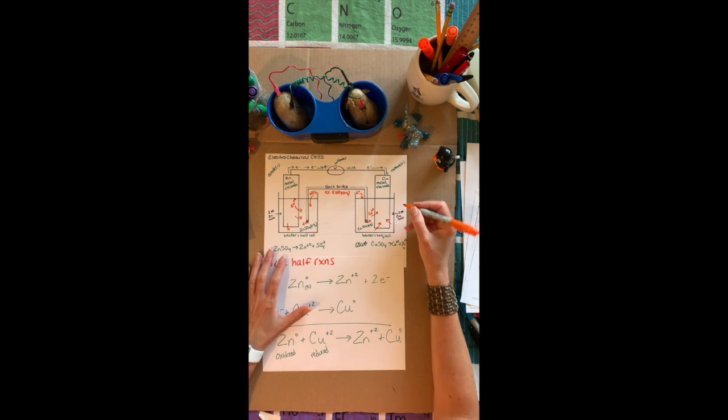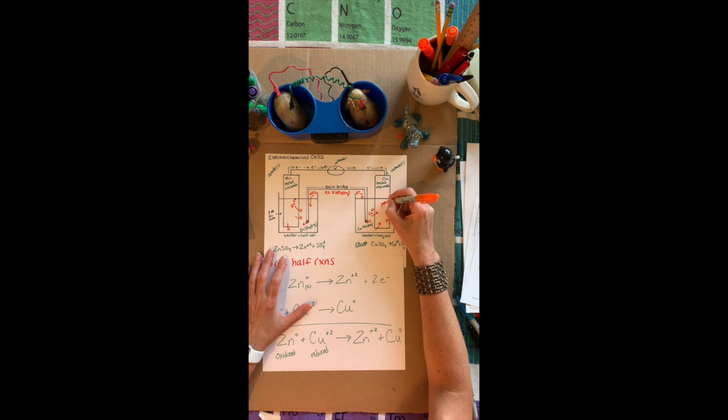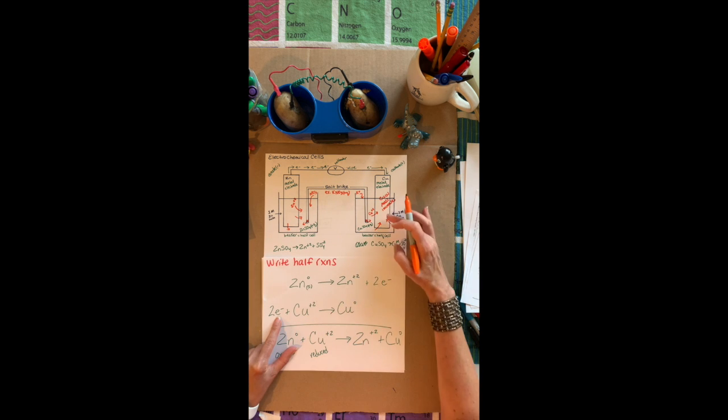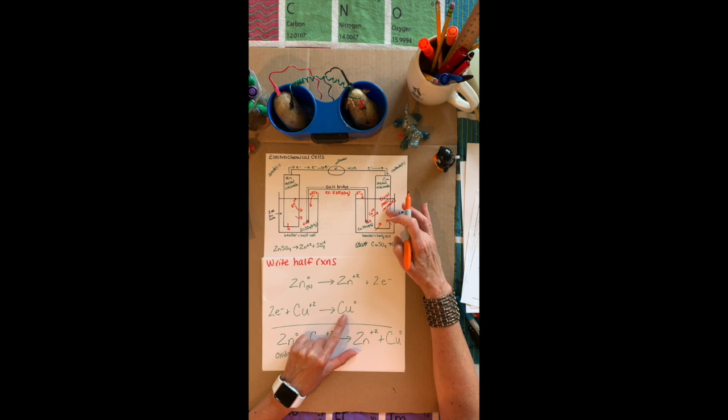What happens here is the mass increases because these copper 2+ ions are grabbing the electrons traveling down here and depositing solid copper here.